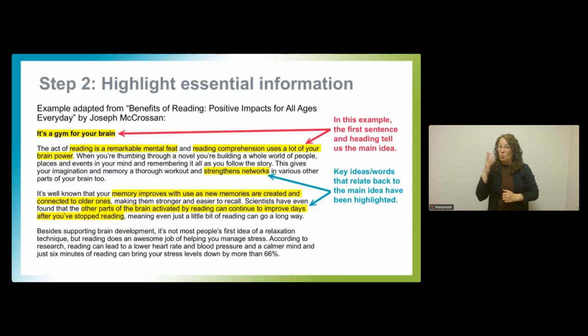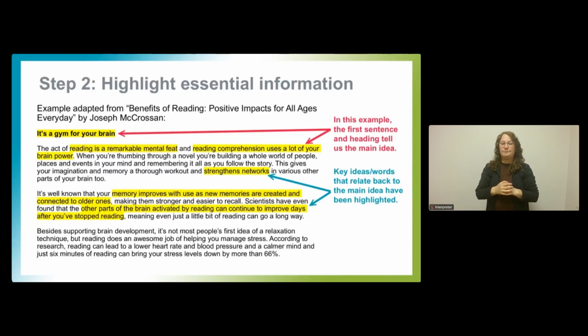Because remember, ultimately, I'm going through these steps in order to produce a shorter version of the original text, right? While capturing only the most important key ideas. So strengthens networks, I feel that's a key idea.